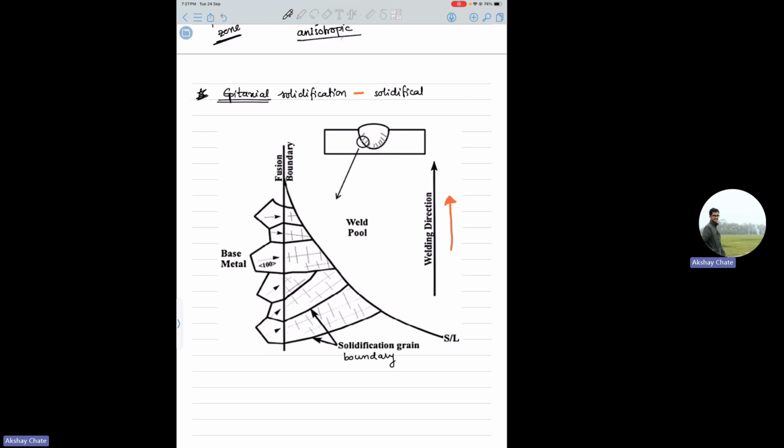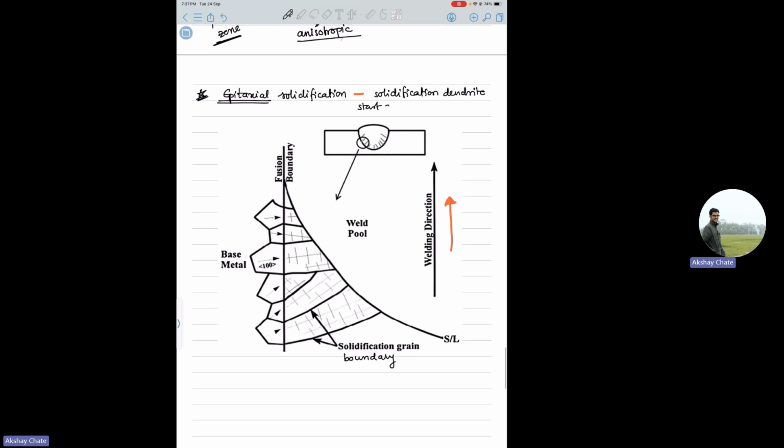solidification, dendrites start growing from unmelted parent material.